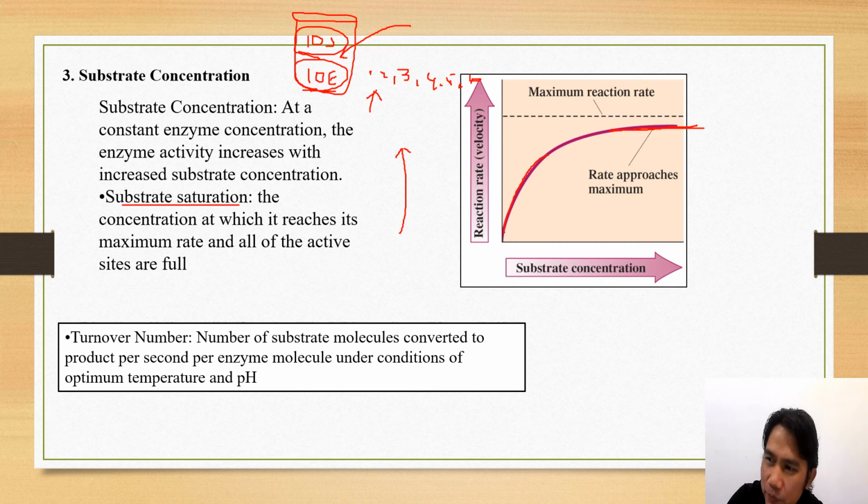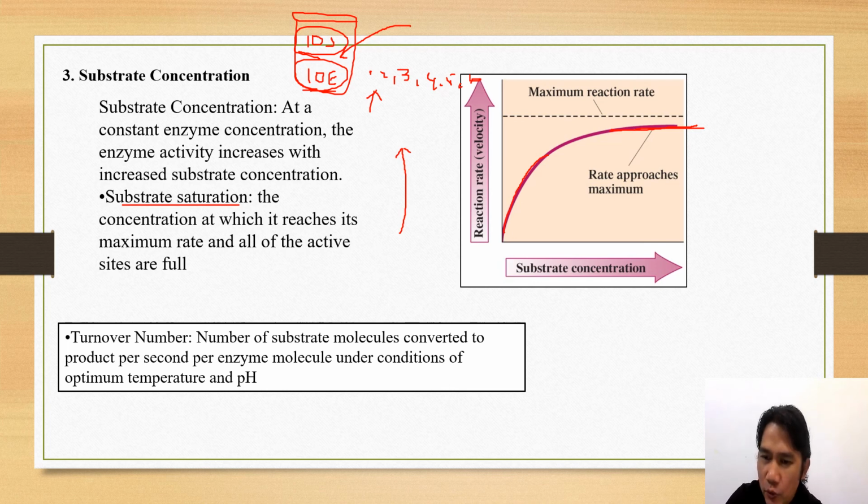No matter what you do, as long as the enzymes are saturated, there will be no increase in the reaction rate. Substrate saturation happens when the enzyme reaches its saturation point and the active sites are all full.